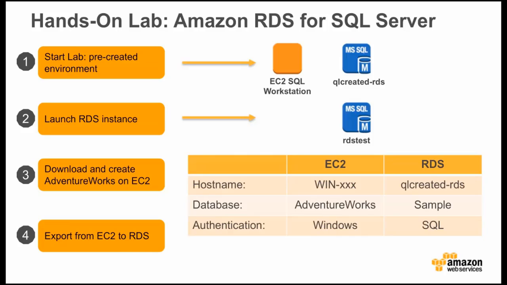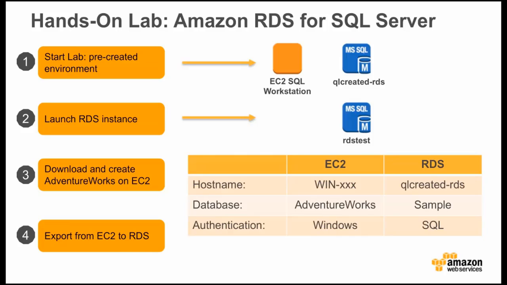Third, you're going to use PowerShell to download the AdventureWorks sample database from Microsoft and create it on the SQL workstation. And the last step, you will export the AdventureWorks database from your EC2 instance to your RDS instance. That demonstrates one of the ways to migrate a database to the cloud.